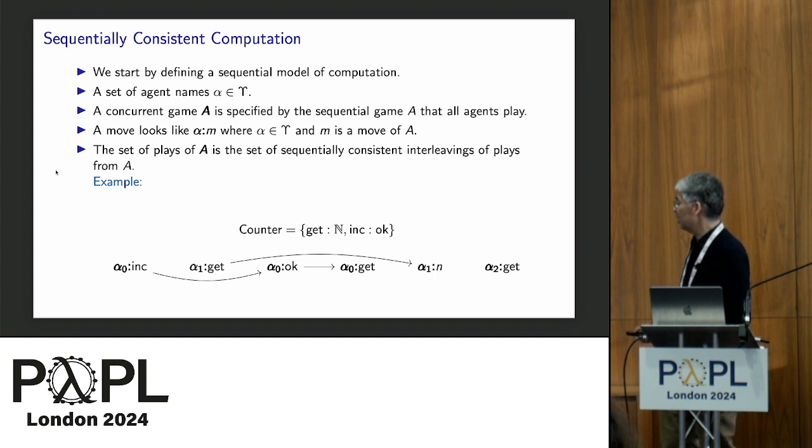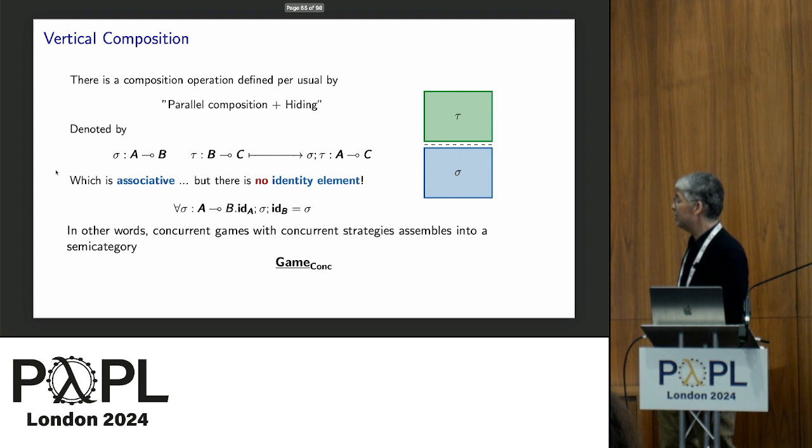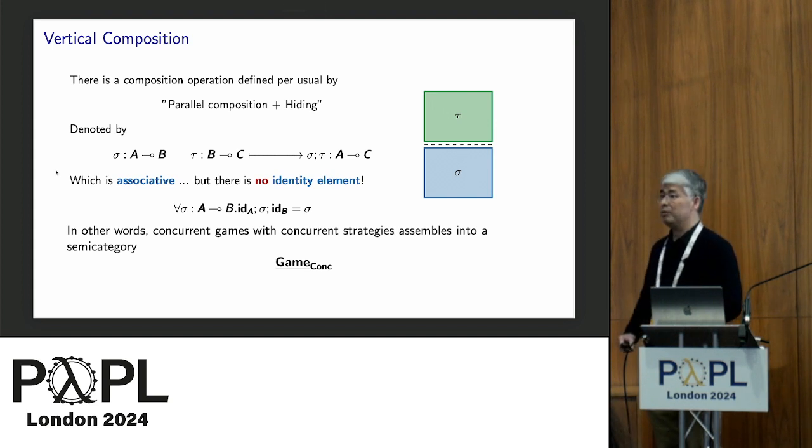So this is a counter object, and the concurrent game is the sequentially consistent interleaving of all these methods called by every agent.